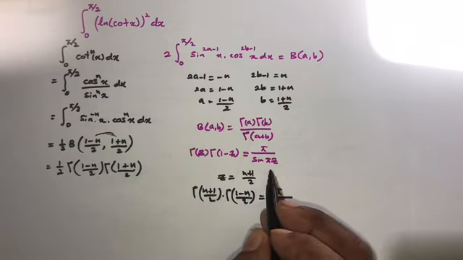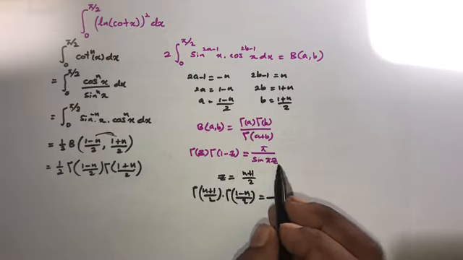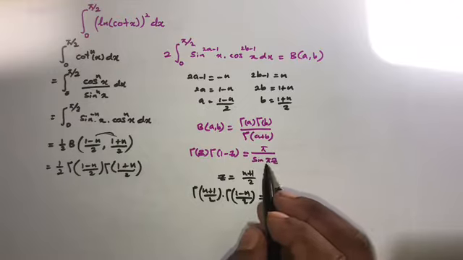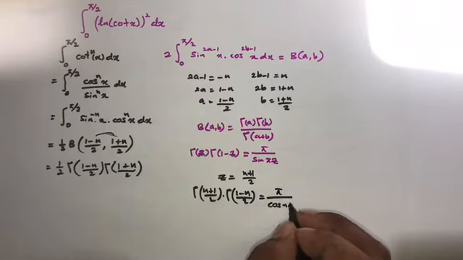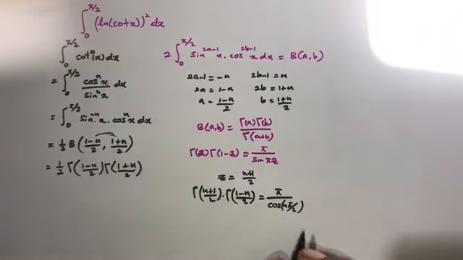So sine of pi over 2 times n plus 1, and we know this is equal to cosine of n pi over 2. So cosine of n pi over 2.